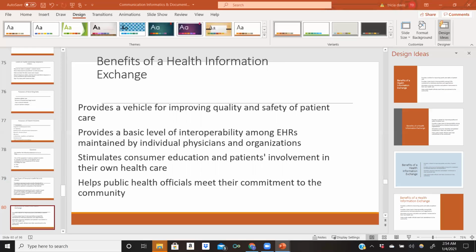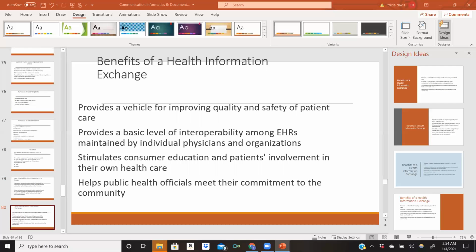It's appropriate, timely sharing of vital patient information, which can better inform decision-making at the point of care, and it allows providers to avoid readmission and medication errors, improve diagnoses, and decrease duplicate testing.